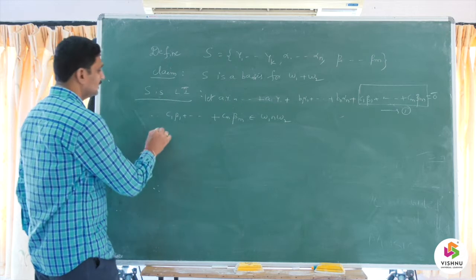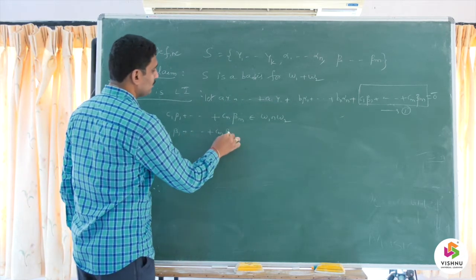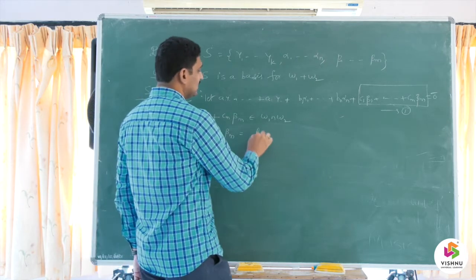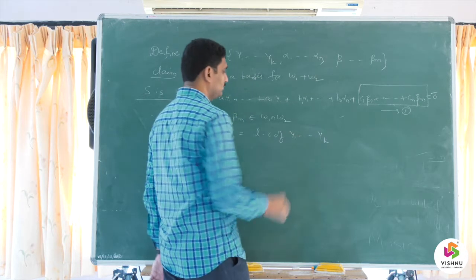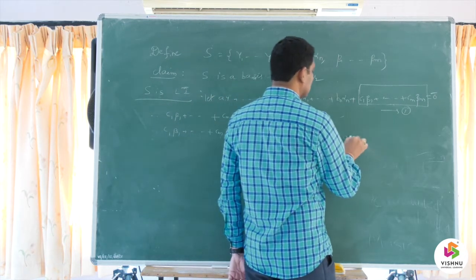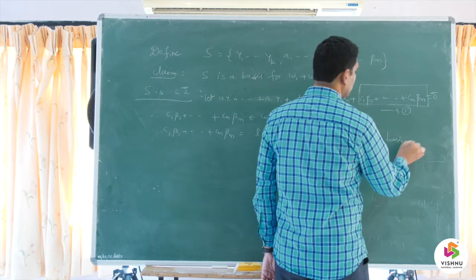So I can write C1 beta 1 plus so on plus Cm beta m as a linear combination of gamma 1, gamma 2, so on gamma k, as it is a basis of W1 intersection W2.